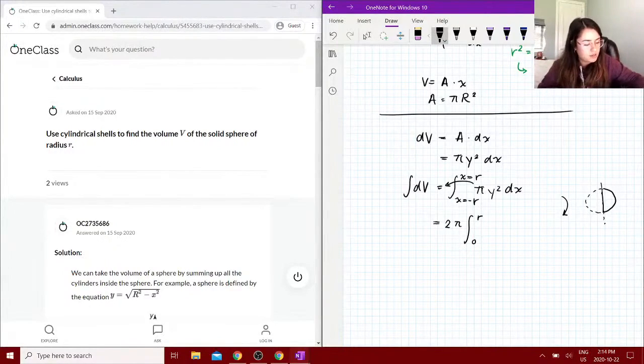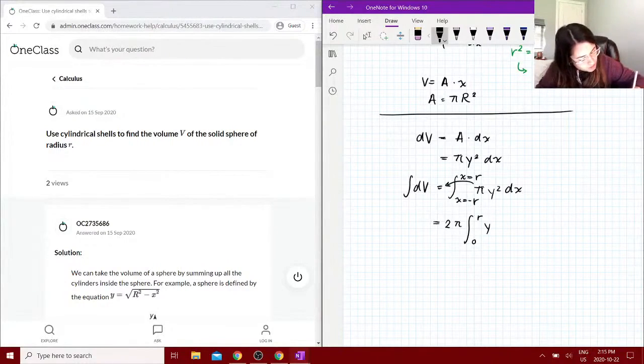And look at it like this. We have x equals 0, x equals r, and we're only going to take the volume of this and then just times by 2 to get the volume of that. So hopefully that makes sense. Just removing that for confusion, just in case.